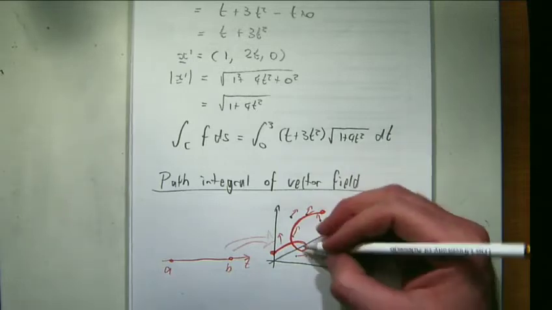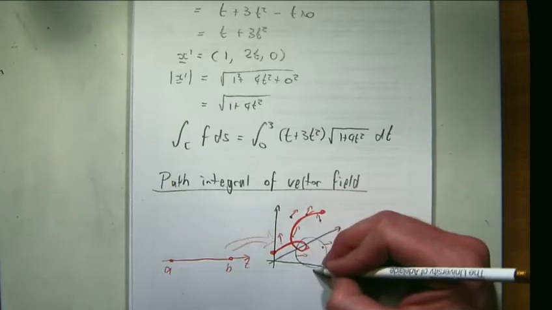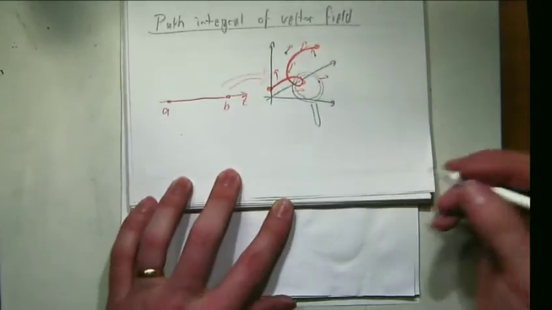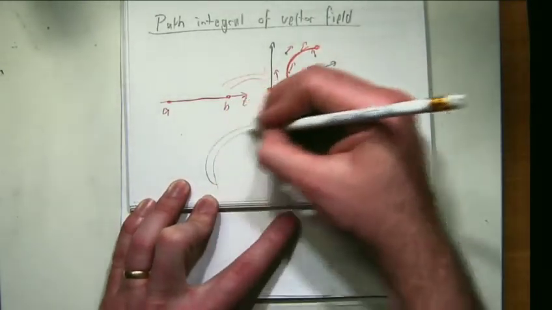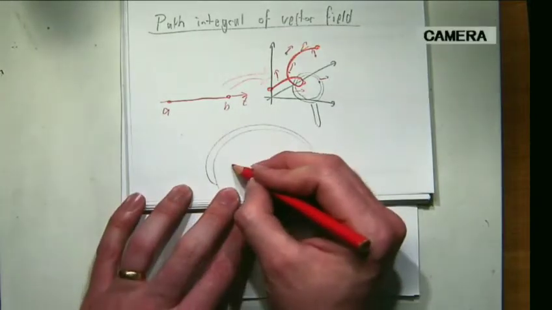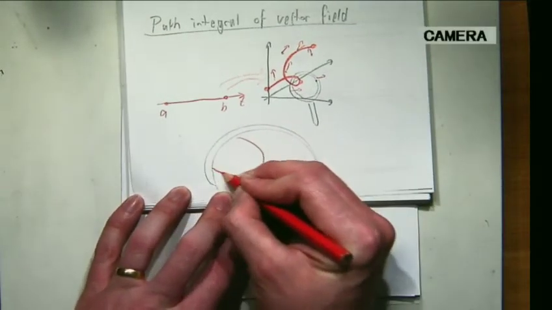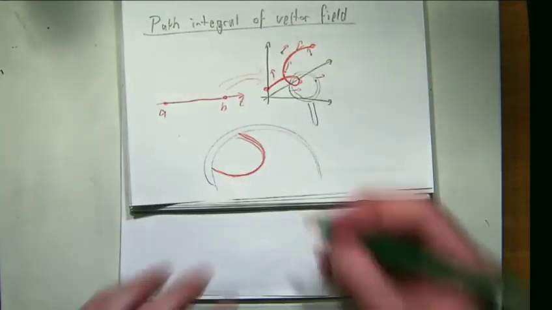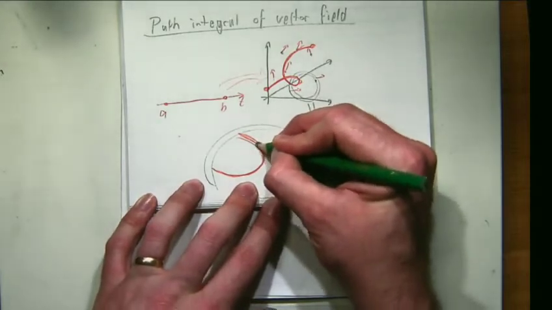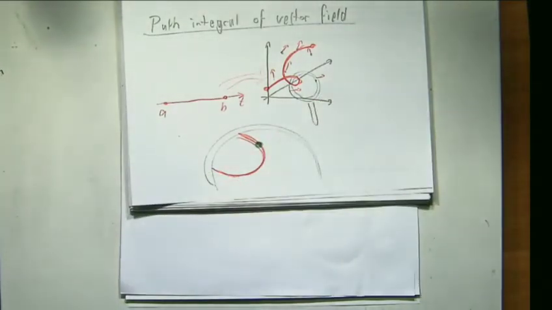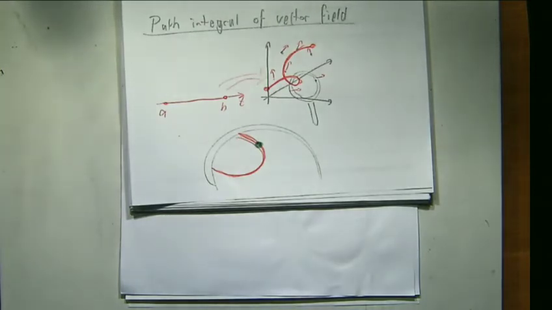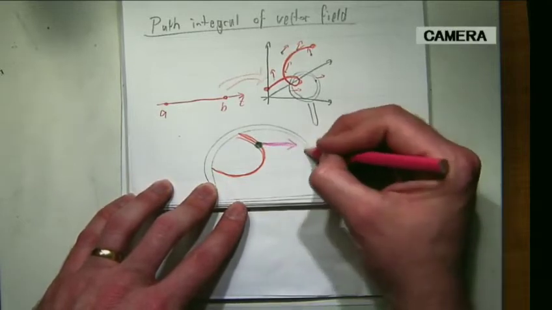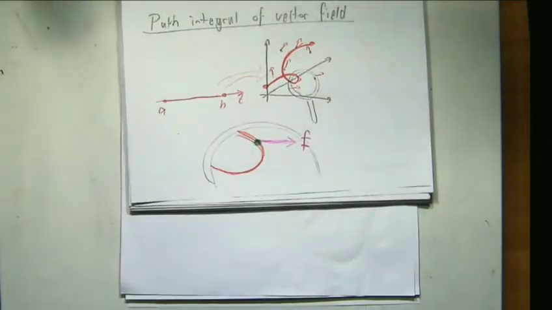So let's just zoom in on a little bit of my curve. There's a little bit of my curve, and here is a point on my curve. Now the vector field itself, which I should have chosen a different colour than red, maybe it's facing this way. Right, that's my vector field, which is underlined because it's a vector.